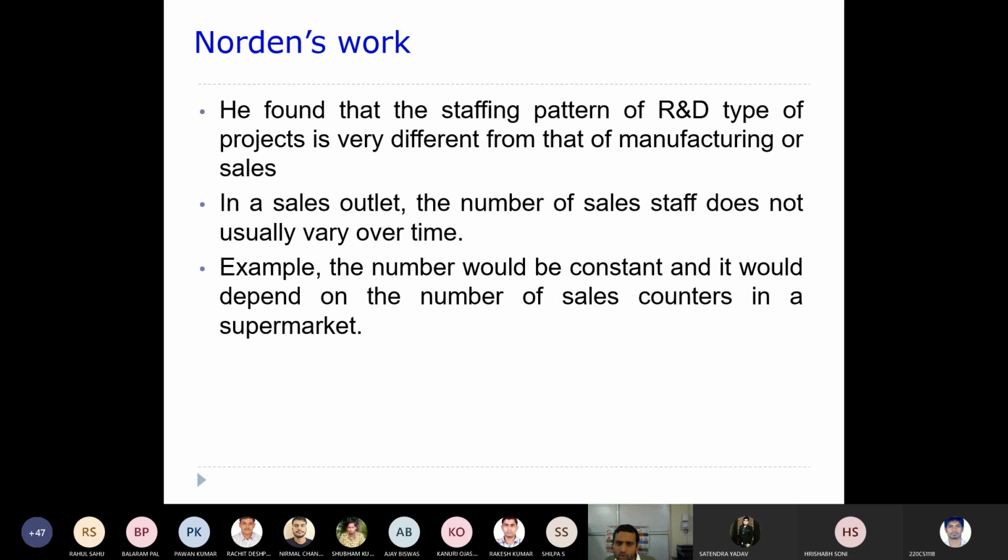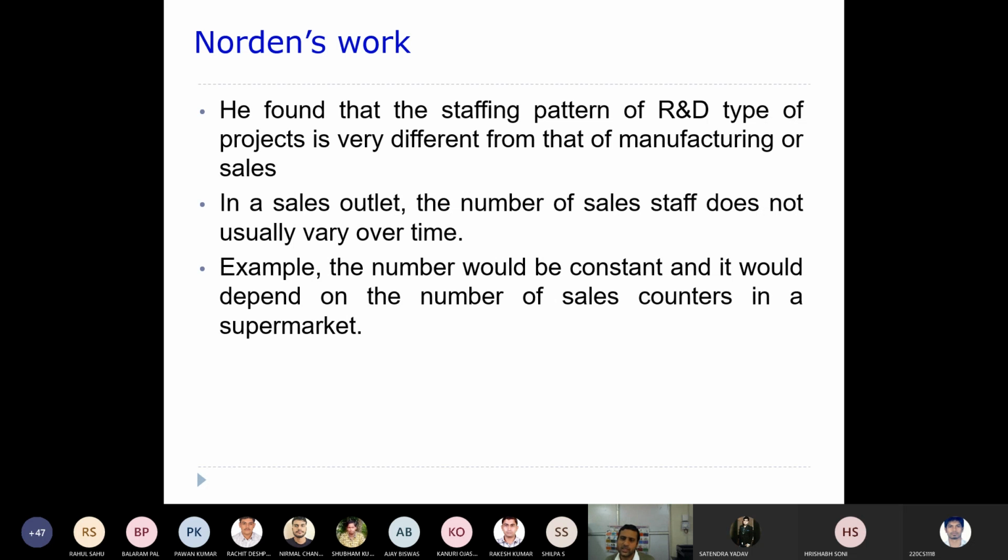So in a sales outlet, the number of sales staff does not usually vary over time, okay. You can think of a best example. Let's say there is a Big Bazaar, and let's say it has three floors, a three-story building.